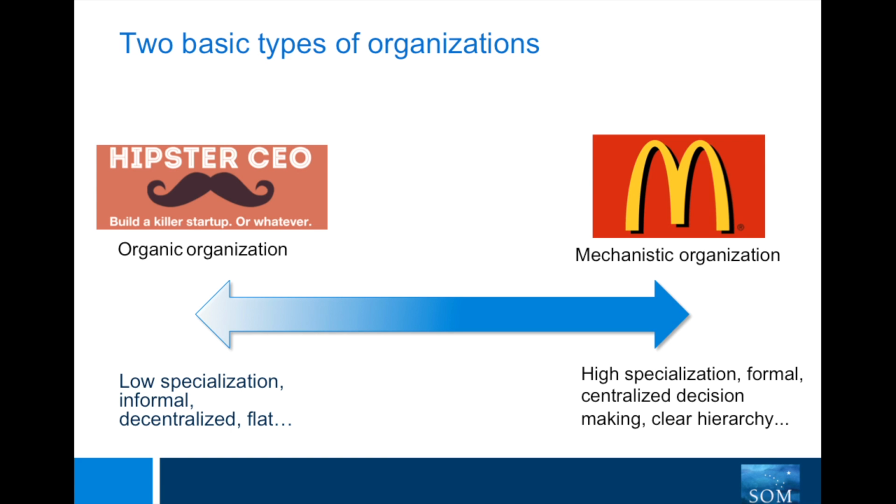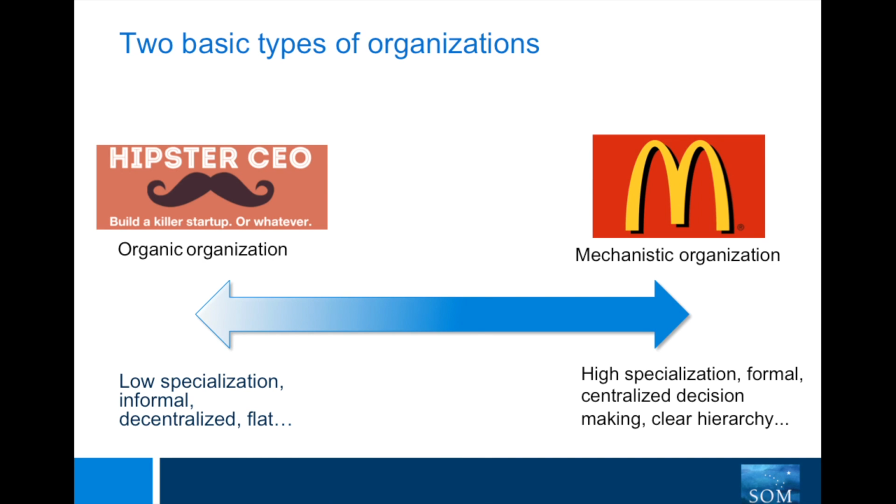Think of what you'd imagine a tech startup to be like. On the other side, a mechanistic organization tends to have highly specialized jobs, is very formal. Decision-making is all done centrally, and there's a very clear hierarchy. I use McDonald's as the epitome of a mechanistic organization.